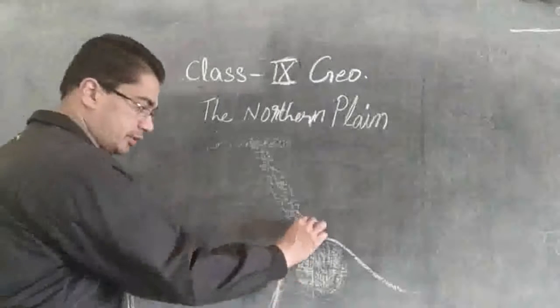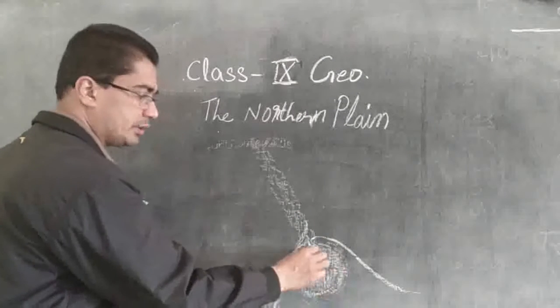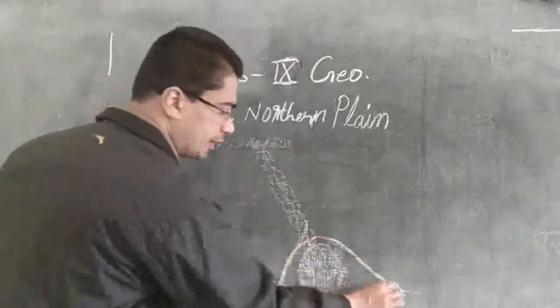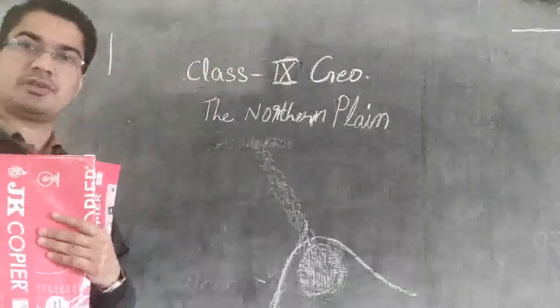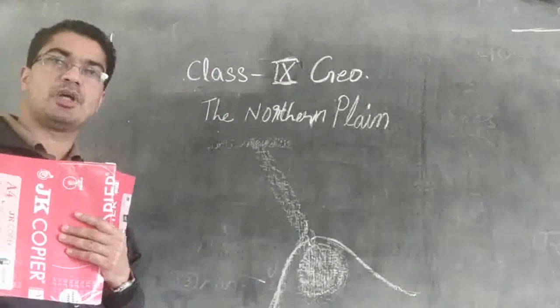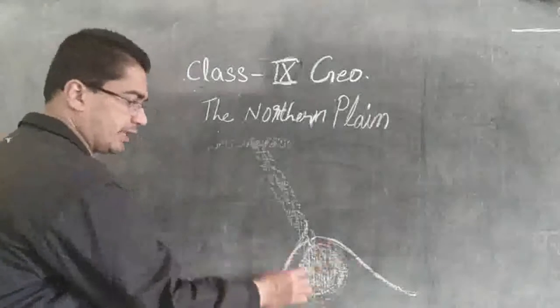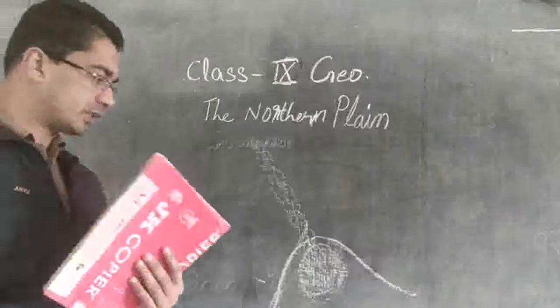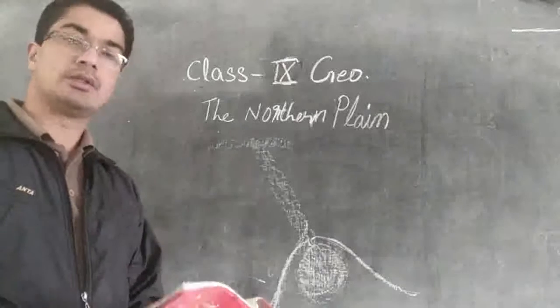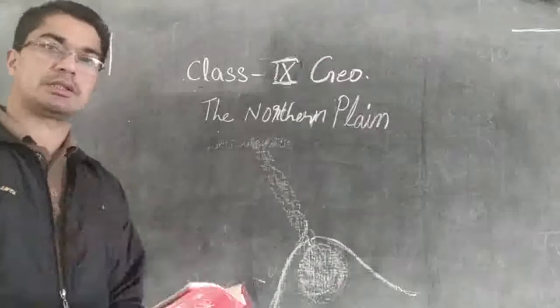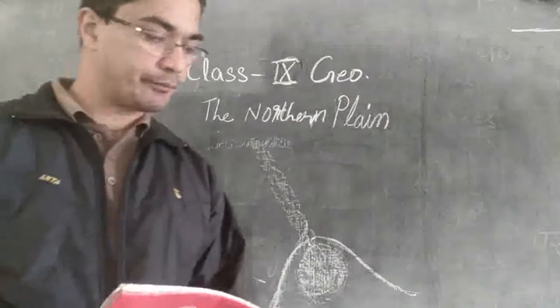So, because of the soil deposited here, the water flows this way and it creates tributaries, and this area will remain like an island surrounded by this water. That is because of the gentle slope of this area.